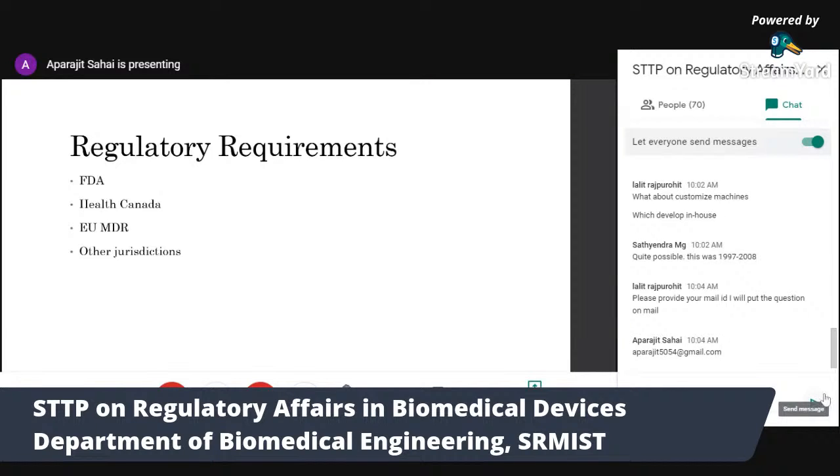And for Lalit, please also specify which jurisdiction you're talking about, because then I would need to focus on that jurisdiction to be able to answer that question accurately.